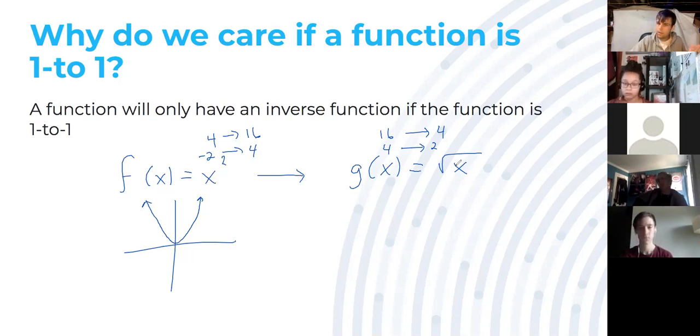And I know just before I was really harping on when you take the square root, you have to consider both roots, the positive root and the negative root. That's true only when we're solving. If you're solving, you have to consider both roots. But if you're evaluating, if you're plugging a number in and just evaluating, you only consider the positive root. So that's a weird distinction that people tend to get caught up on.